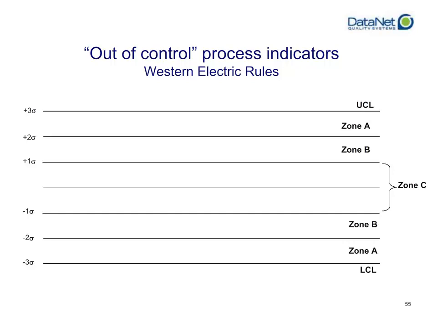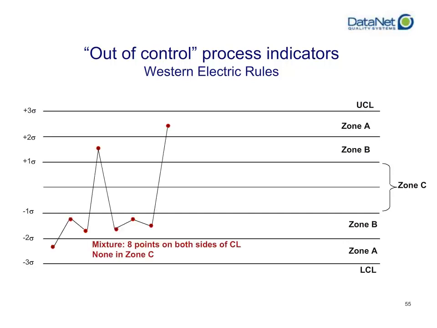The first one, going from left to right, is a mixture. In this case, using the Western Electric rules, a mixture is defined as 8 points on both sides of the center line, but none of them falling within zone C. Again, zone C is very close to your center line. We're going to talk later in future slides about normality.